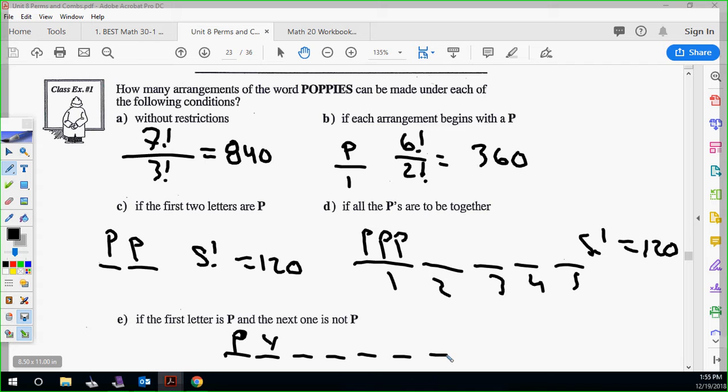When you say the first letter has to be a P, it doesn't really account into your options, because it's chosen. The 4 here is because from there it can be one of the 4 that's not a P. And then what demonstrates this then? Say that again? Anything else? Yeah.